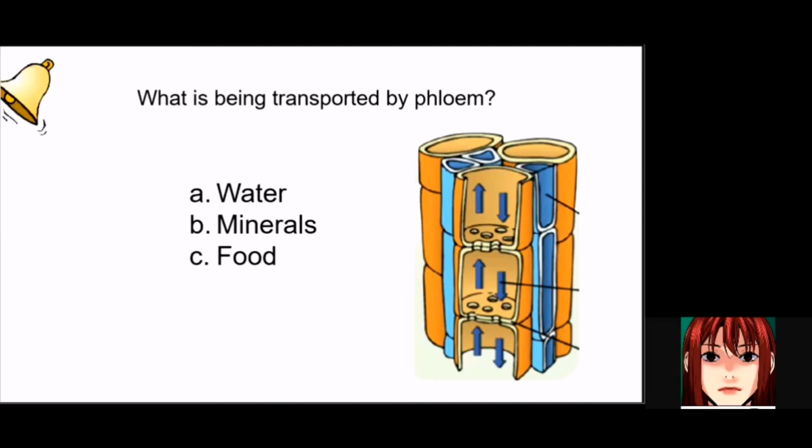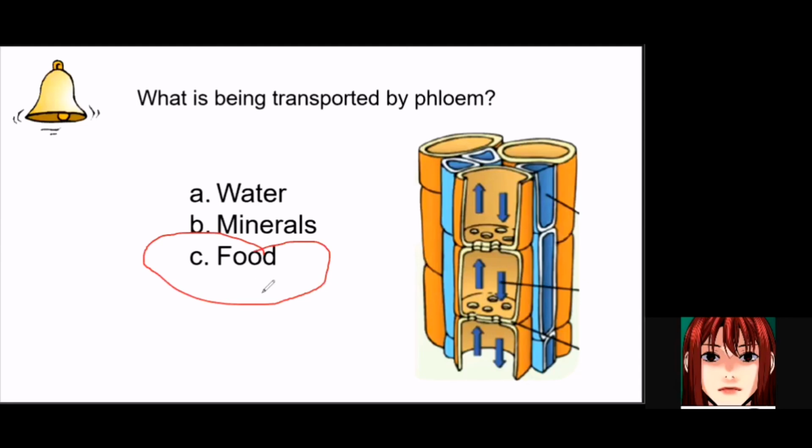What is being transported by phloem? Which of these 3? Food. All right, very good. What is being transported by the phloem? It's the food, letter C. Correct. Very good.